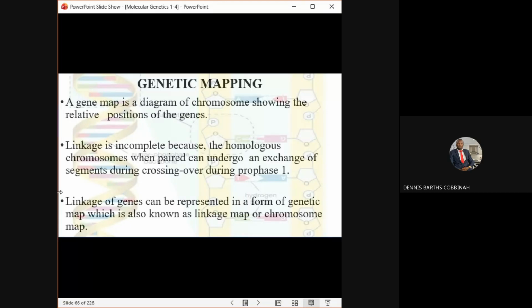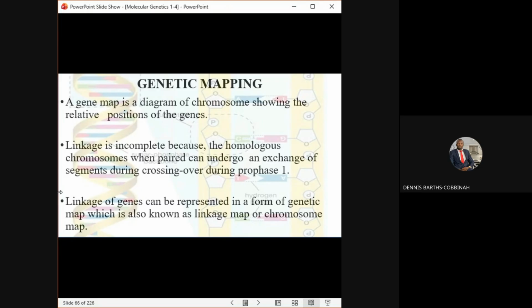So linkage is incomplete because the homologous chromosomes, when paired, can undergo an exchange of genetic material during crossing over in meiosis 1. And particularly, we are referring to the packaging stage in prophase 1 of meiosis. So if there are assortments, you are not going to have certain traits that are linked in a chromosome.